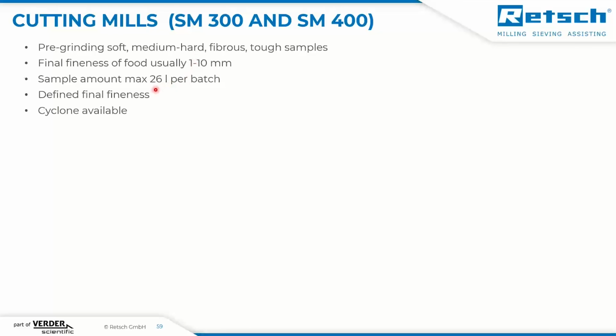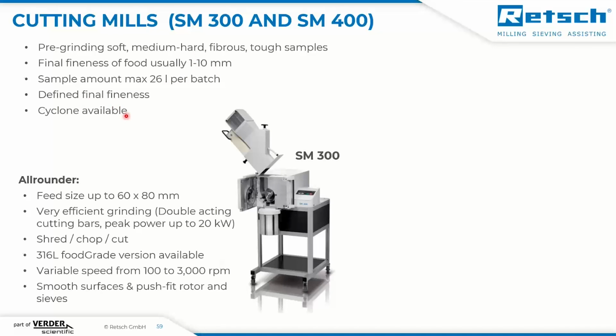Up to 26 liters per batch, we get a defined final fineness, and we can cool the sample with a cyclone if required. And here we are talking about the SM300. Maximum feed size is 60 times 80 millimeters, so much larger than with the SR, with maximum 25 millimeter. Very efficient grinding because we have double acting cutting bars and a maximum peak power of up to 20 kilowatt, which is required, for example, for hard frozen samples.